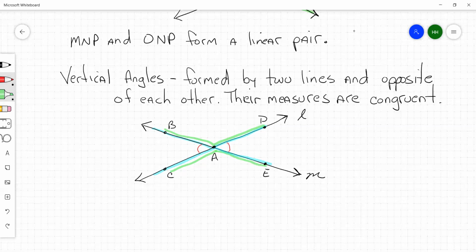So here's the symbol for them being congruent: two arc marks on BAD and then two arc marks on CAE. Top angle congruent to bottom angle. Green congruent to green. Blue congruent to blue. They are vertical angles formed by two lines. Their measures are congruent.